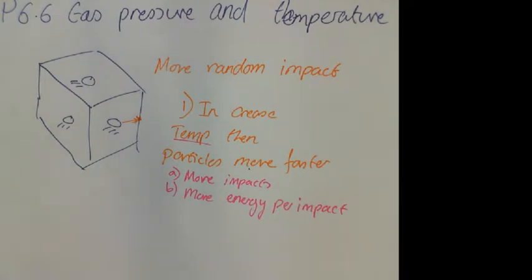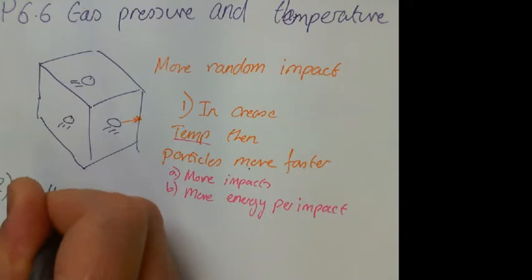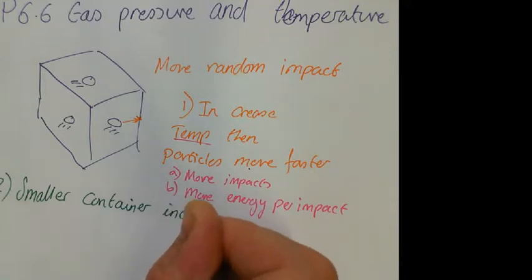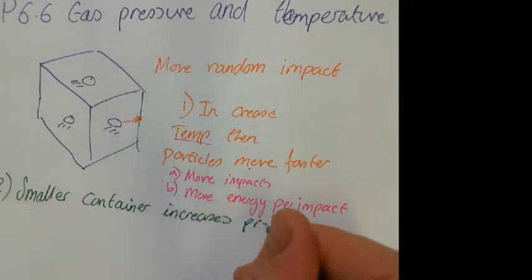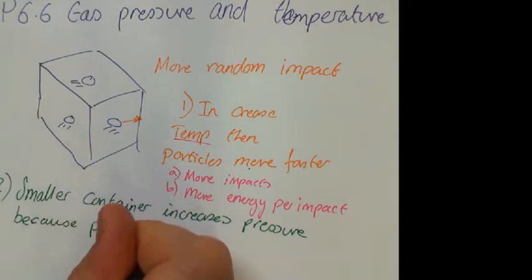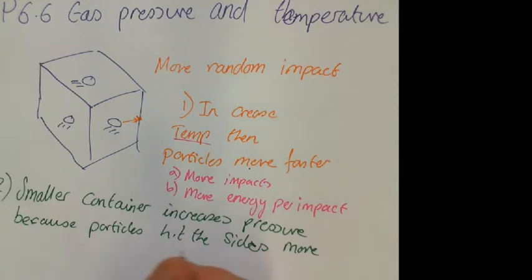The second one is if you make the container smaller, because they hit the side more often. So a smaller container will mean that they hit the sides more often.